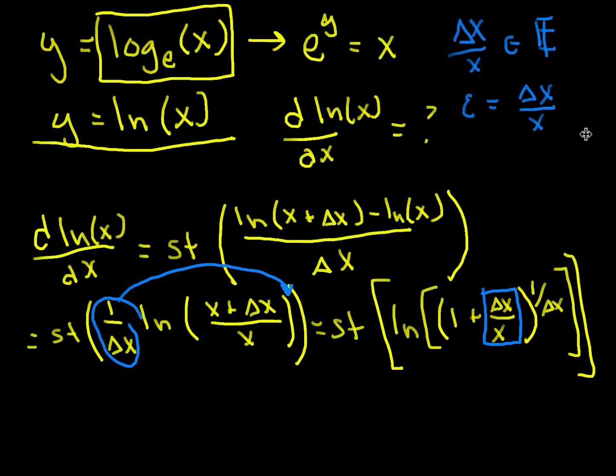So that's true. And then we're going to want to replace this expression here. Solving for that, I get that 1 over delta x is the same as 1 over epsilon times x. Okay, so I'm going to make this substitution, putting those values in.